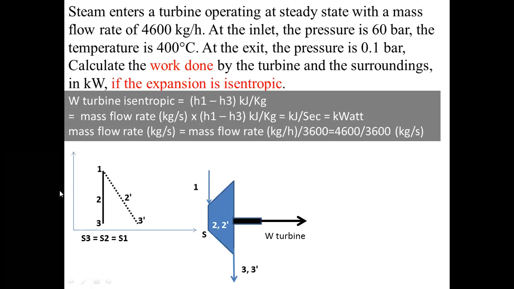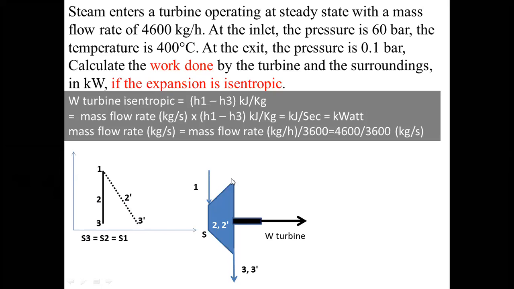For isentropic expansion, this is a TS diagram. Constant entropy: you can see here S1 equals S2 equals S3. For non-isentropic, 2 is 2 dash, 3 is 3 dash, and generally the entropy is increasing towards the exit of the turbine.